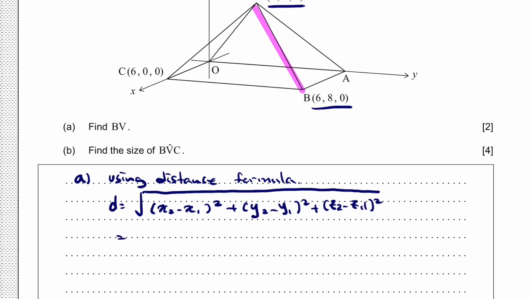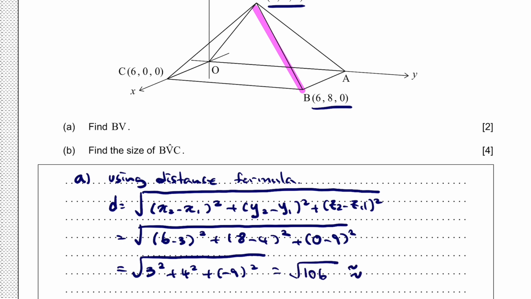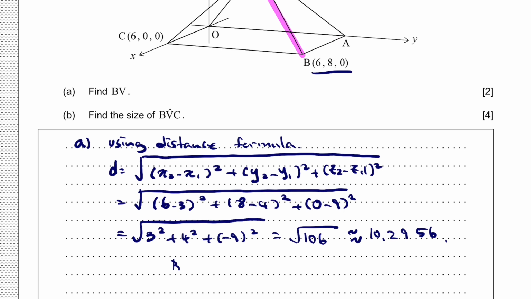Then we can do 6 minus 3 squared plus 8 minus 4 squared plus 0 minus 9 squared. Then we can do 3 squared plus 4 squared plus minus 9 squared. Then this gives us the value of square root 106. And this is approximately 10.2956. So we can say that the distance between the point B and V is equal to 10.3.